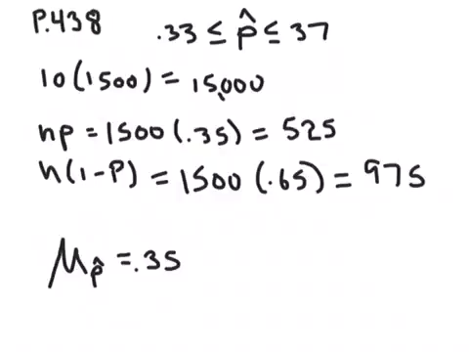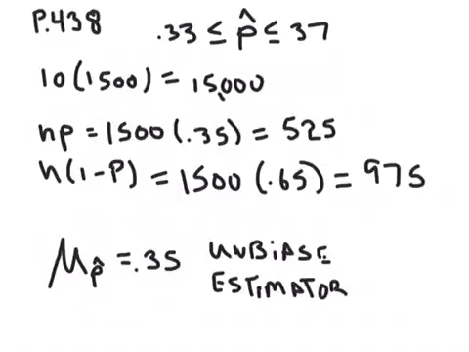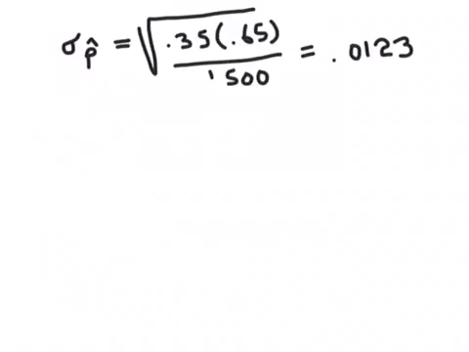That's called an unbiased estimator, which is kind of complicated to think about, but it's this: the average of the proportion of every single sample we could take is equal to 0.35, which is what they told us the parameter is. The parameter is equal to the sampling distribution's mean, the unbiased estimator. Got to remember that. Okay, let's move on from there.